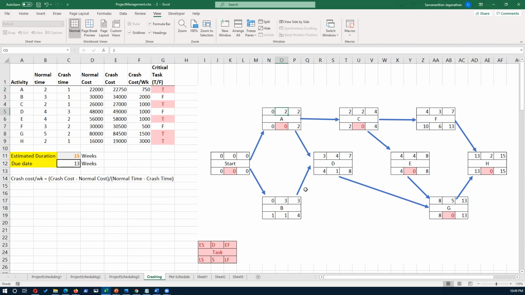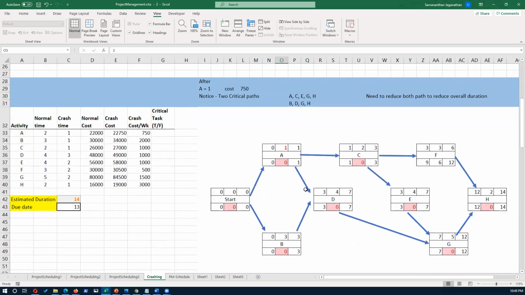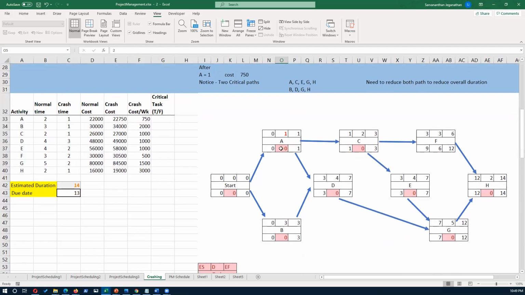Now, you need to do this and then rework your critical path or rework your network diagram by doing the forward pass and the backward pass. When we do that, you would realize that now there are 2 critical paths. Now D and B, which were previously non-critical tasks, have now become critical tasks.